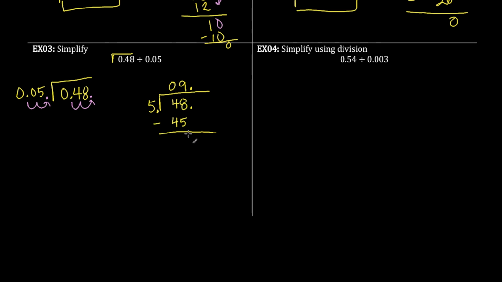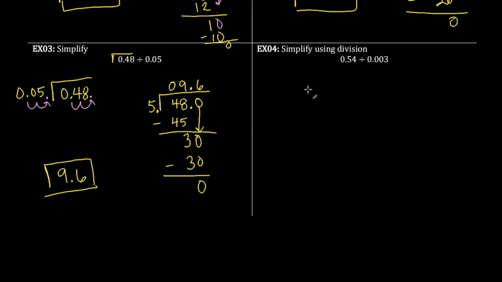We subtract, we get 3. 5 doesn't go into 3, so let's carry something down. 5 goes into 30 6 times. And there you go. So 48 hundredths divided by 5 hundredths is 9 and 6 tenths.